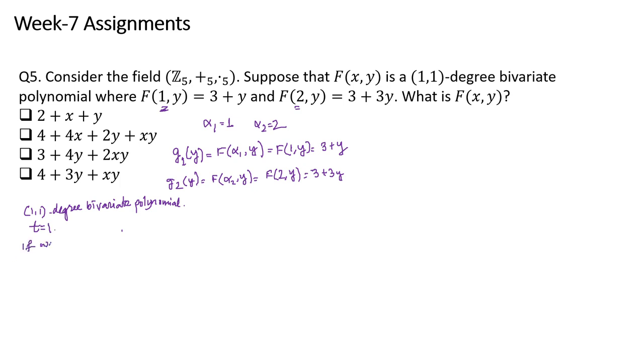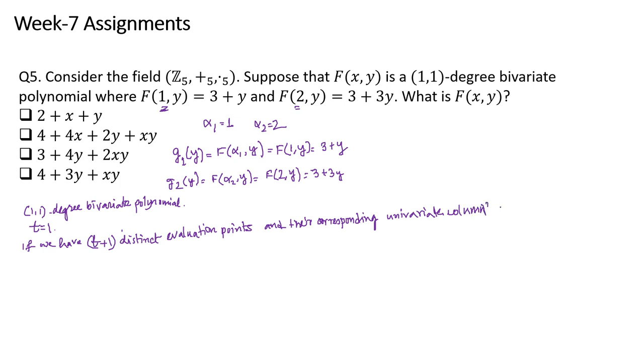You know that if we have t plus 1 distinct evaluation points and their corresponding univariate column polynomials, we obtain the bivariate polynomial f(x,y) by using Lagrange interpolation.